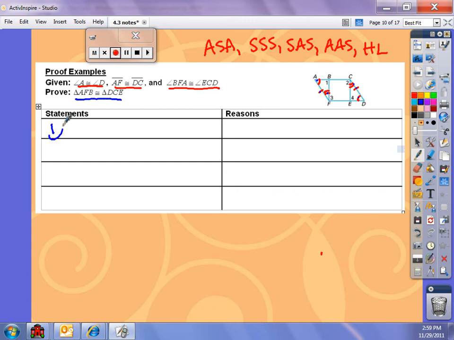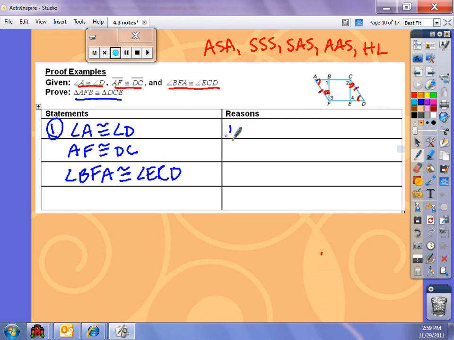So here I'm going to write my statements. Angle A is congruent to angle D. AF is congruent to DC. And angle BFA is congruent to angle ECD. All of these are because they are given. Since I already have all 3 pieces that I need, my step 2 can be my proof statement.